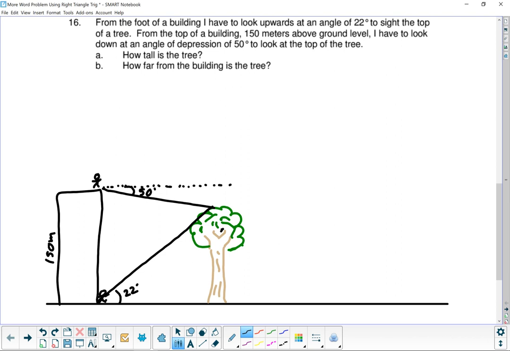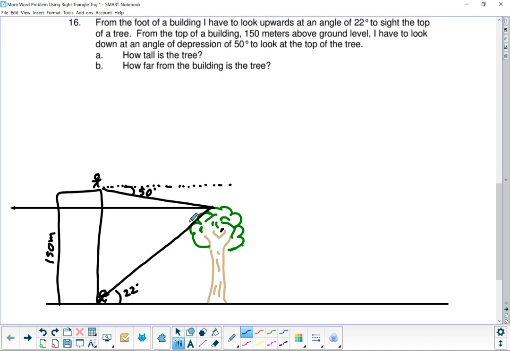Wow. This one is tough, right? How far from the building is the tree? Well, let's see. If I just drew a line out from here, we can figure a couple things out.